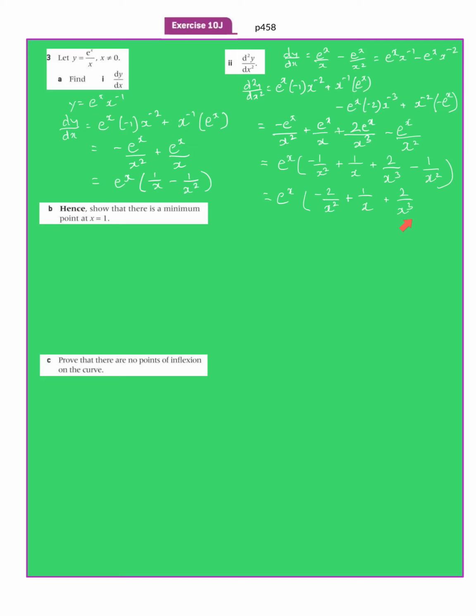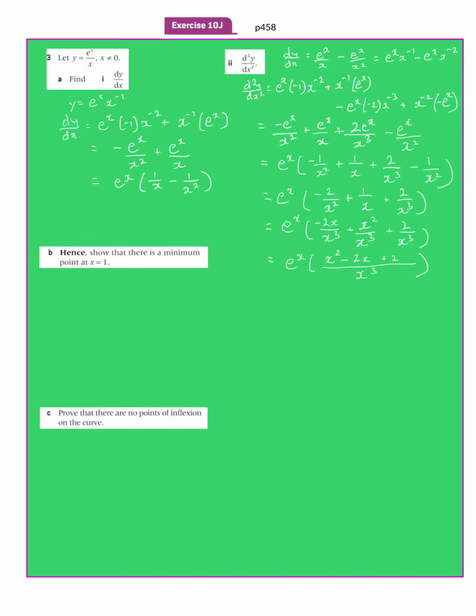We're putting everything over x cubed, so that would be multiply the top and bottom by x, multiply the top and bottom by x squared, and leave that by itself. Common denominator is x cubed. So we've got e to the x, then x squared first, then minus 2x plus 2.